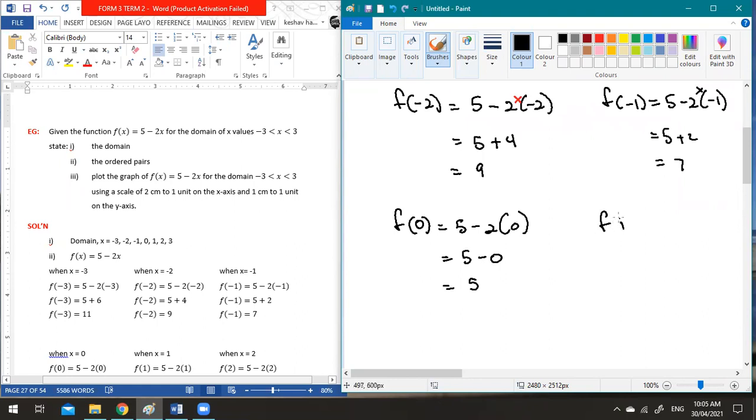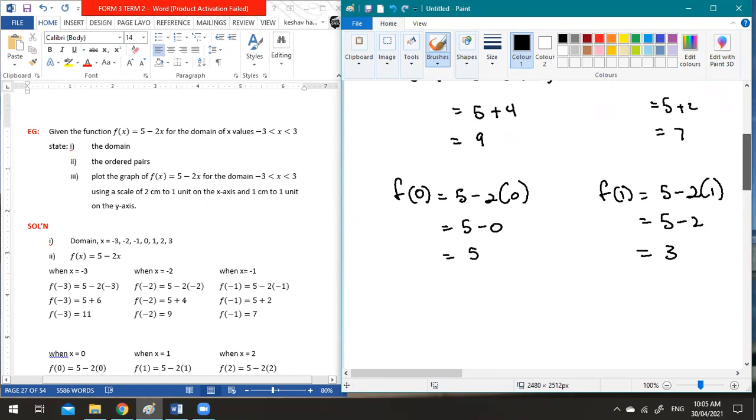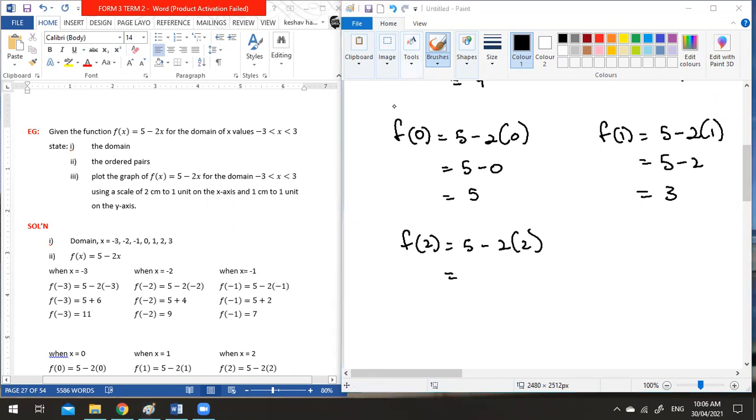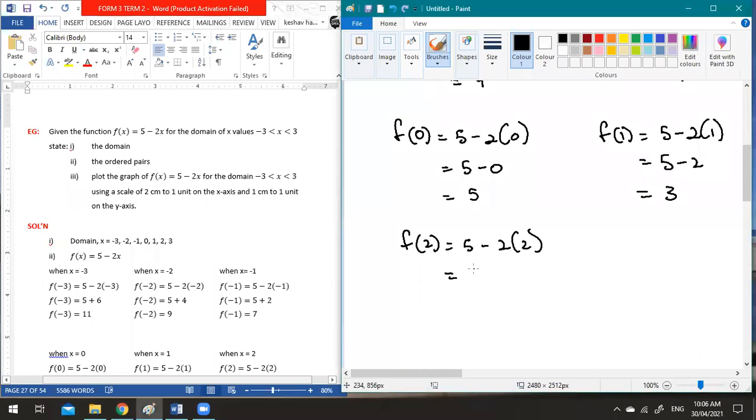The next number in the function will be 1, so 5 minus 2 upon bracket 1. -2 by +1 is -2. 5 take away 2 is 3. And the last number, f of 2, 5 minus 2 times 2, 5 minus 4, which is 1.